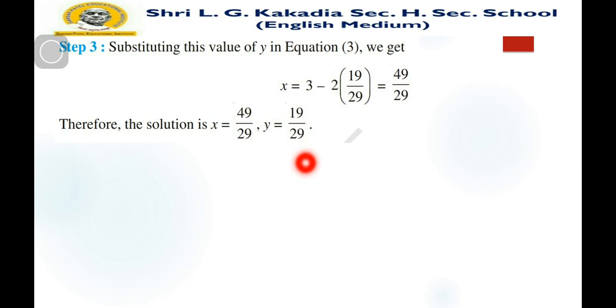Now we want to say that the values we have found are the solution of the given linear equations. How can we say that? We will put these two values in equation number 1 and equation number 2, and if they are satisfied, then we can say that the given two values are the solution of the given linear equations.